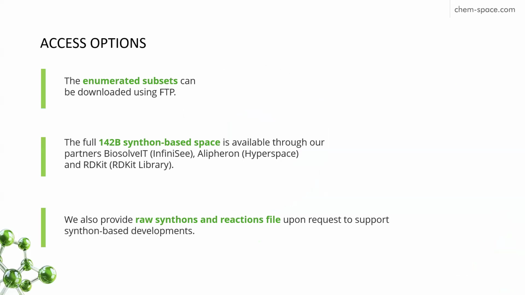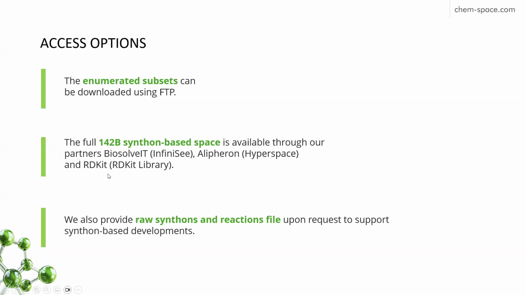So how can you get access to Freedom Space 4.0? The first way: you can download the enumerated subsets, rule of 5 and beyond rule of 5, using FTP. The information is available on our site, so you can do it easily. The second way is to run searches using different tools. For example, BioSolveIT Infinity, so Freedom Space is accessible through Infinity, Enamine Hyperspace as well, and of course RDKit.